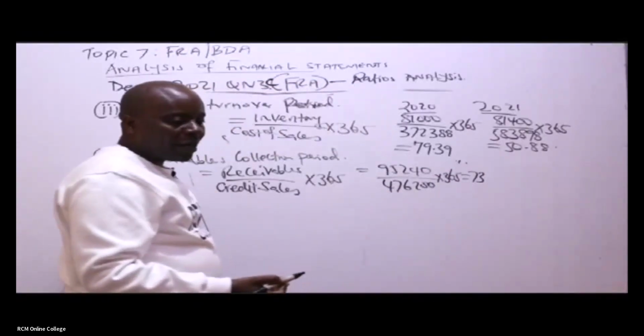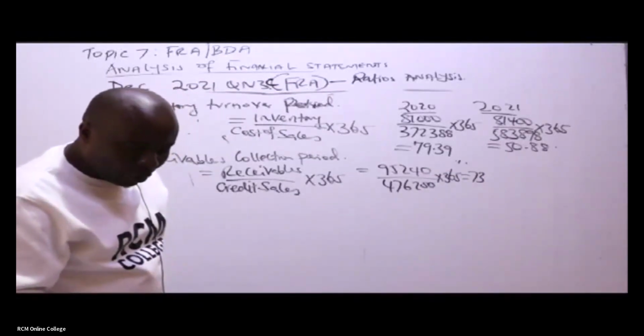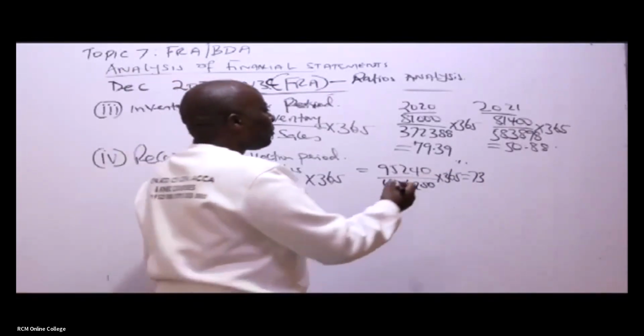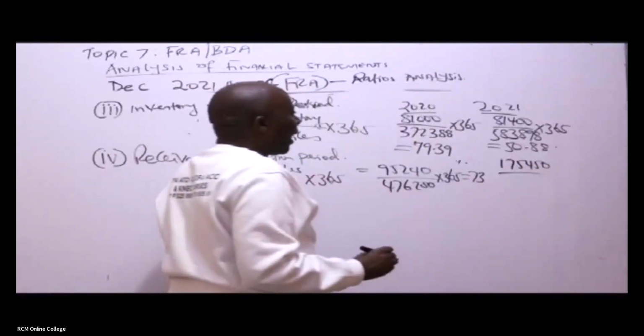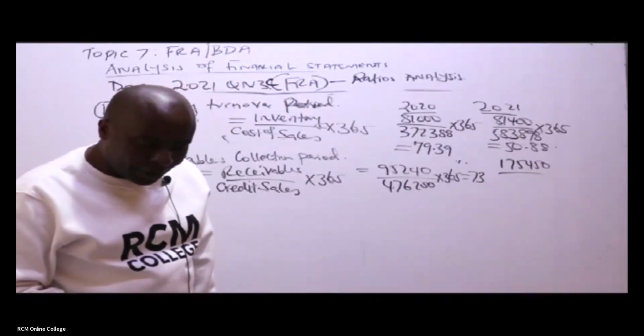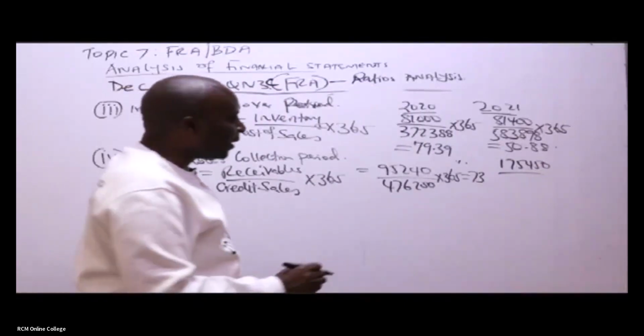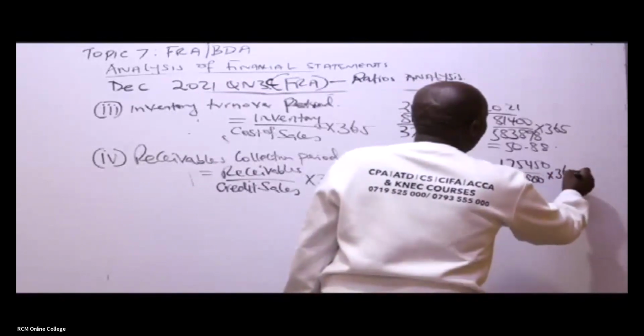How about 2021? Ladies and gentlemen, I can see my receivables there are 175,450. We divide this by the credit sales for 2021, which in this case are 701,800, times 365.